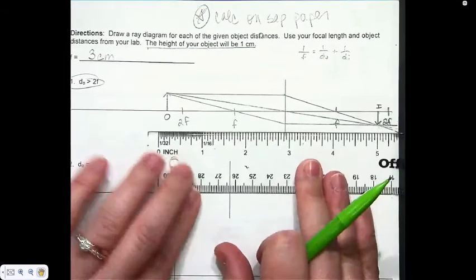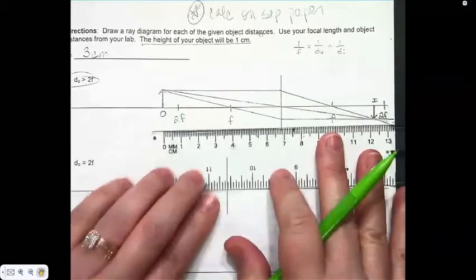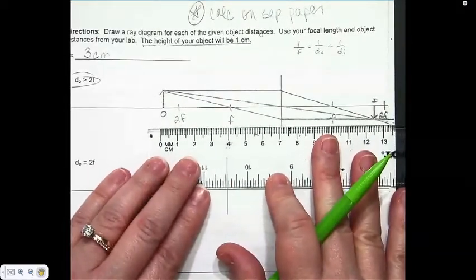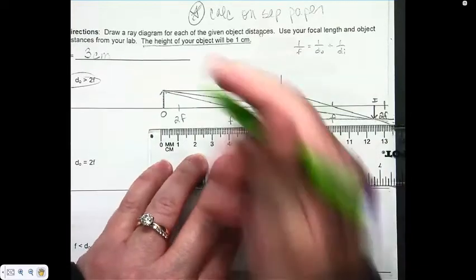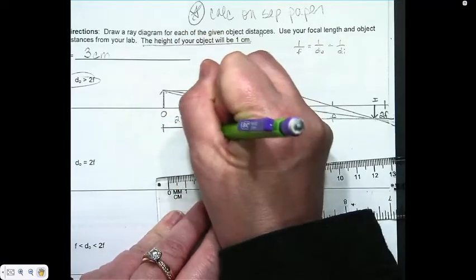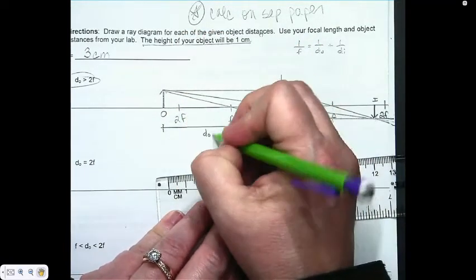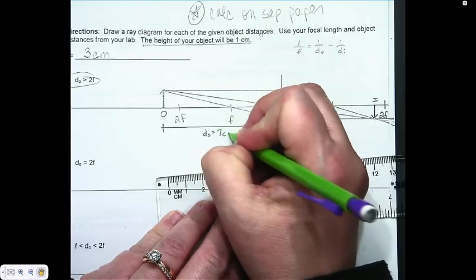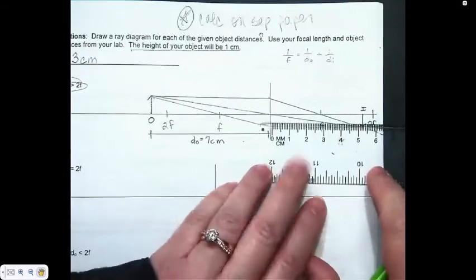So I'm going to label the object distance here. From the object to the lens, that's my dO, my object distance, and that was equal to 7 centimeters because I measured it.